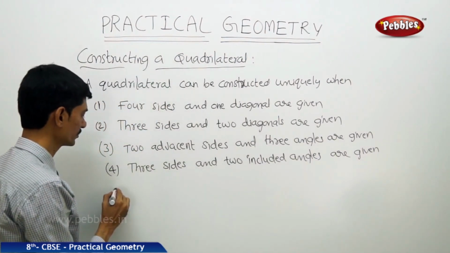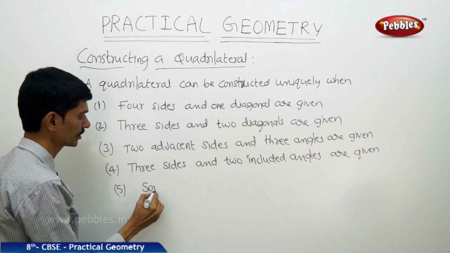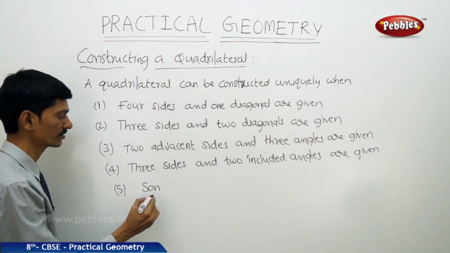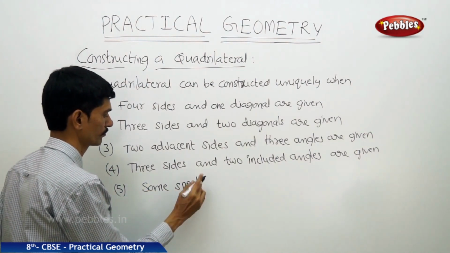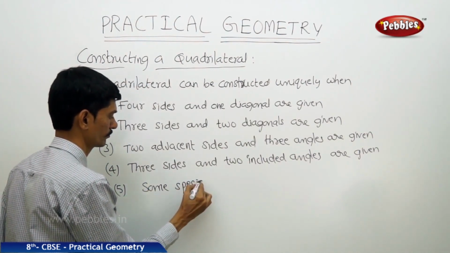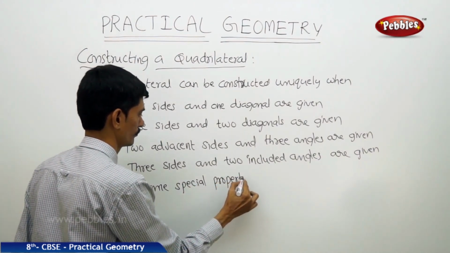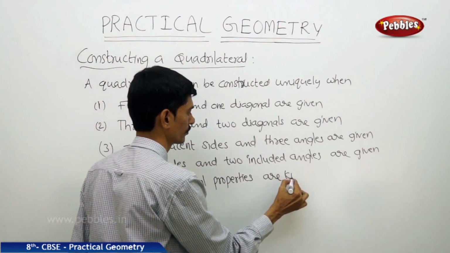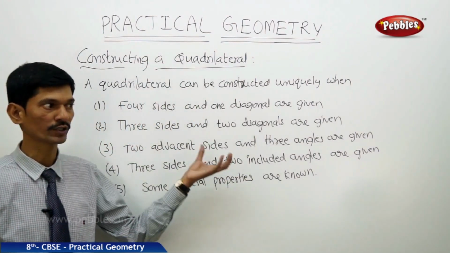And the fifth case is that some special properties are known, means in case of a square or a rectangle or a rhombus. Some special properties are known, so we can construct a unique quadrilateral.